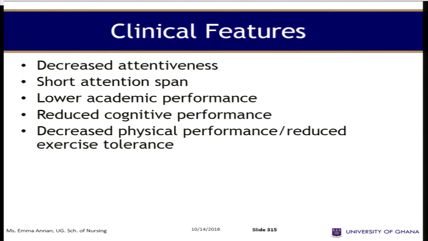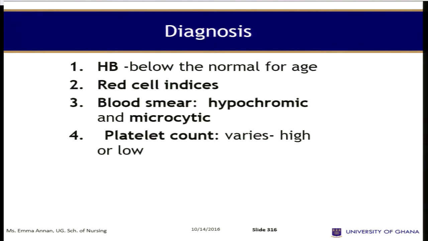There is also decreased attentiveness, short attention span, reduced cognitive performance, then decreased physical performance and reduced exercise tolerance. You can diagnose by just checking the HB, the red cell indices, the blood smear, checking for whether it's hypochromic or microcytic.